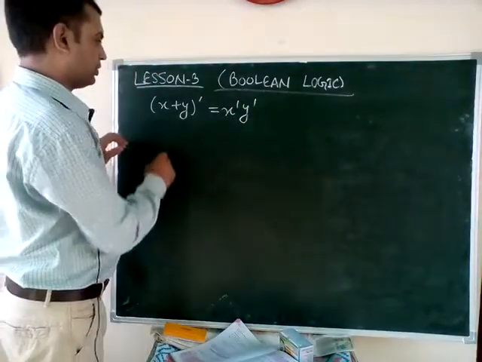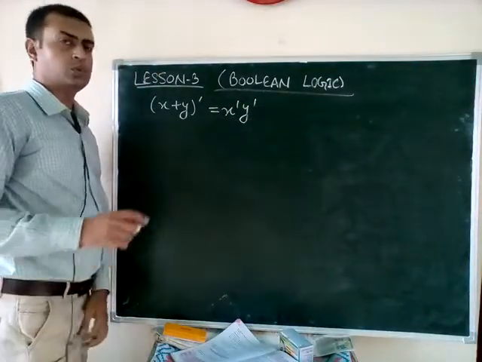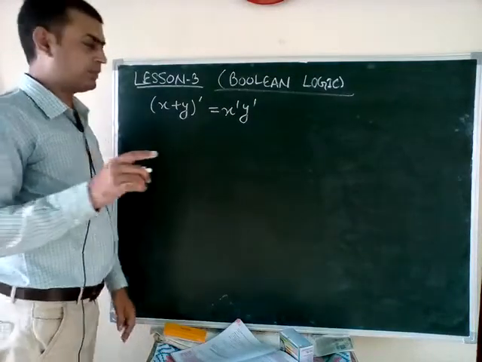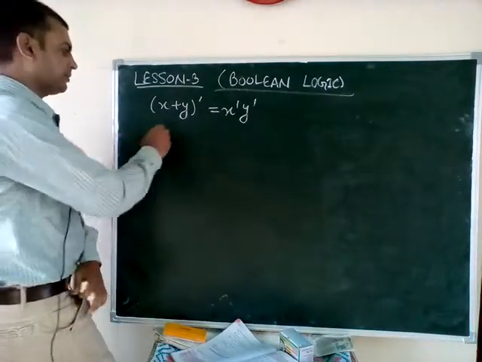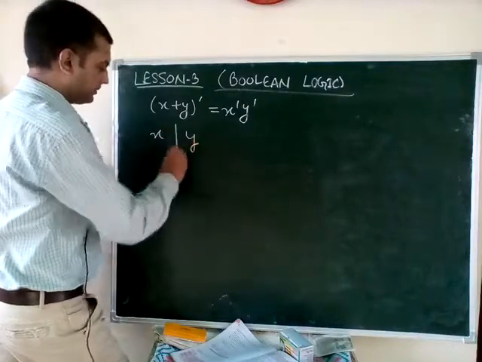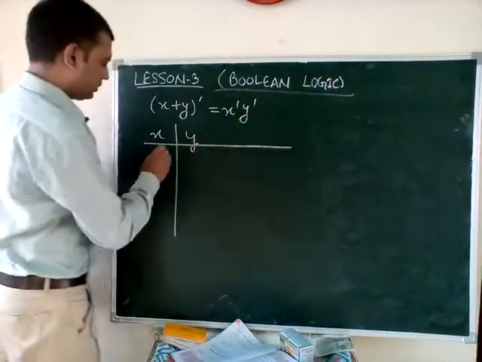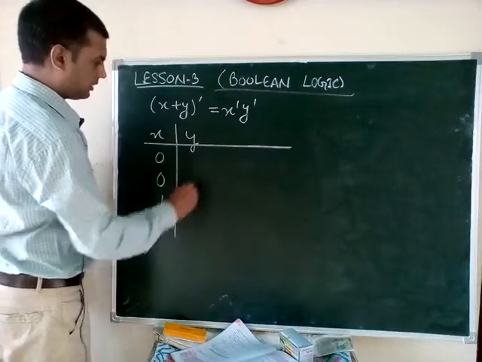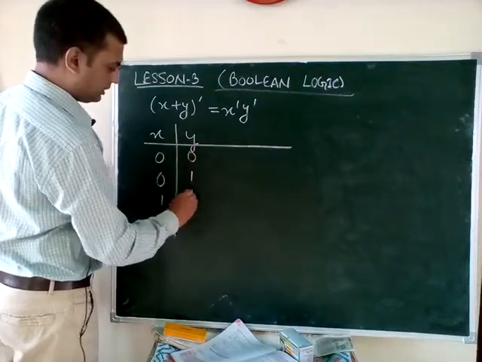This we have to prove. So you can see this is a two-variable equation, and x and y, so 0 0 1 1, 0 1 0 1.